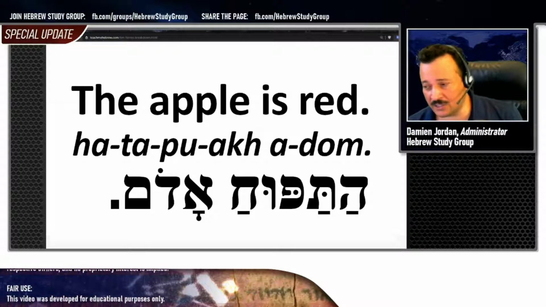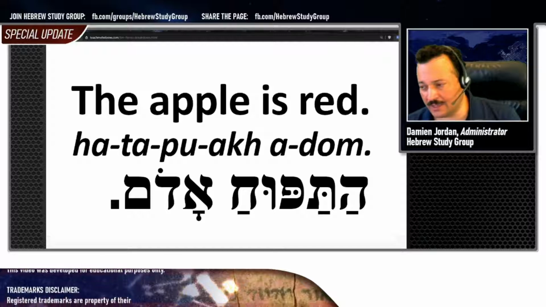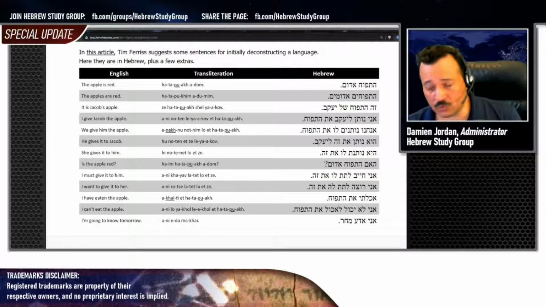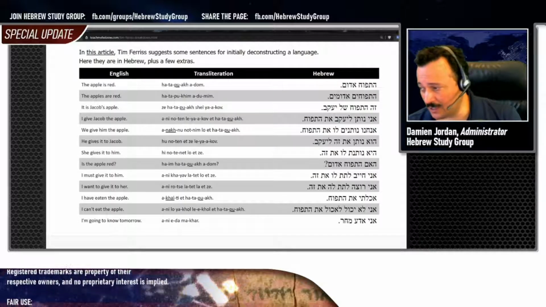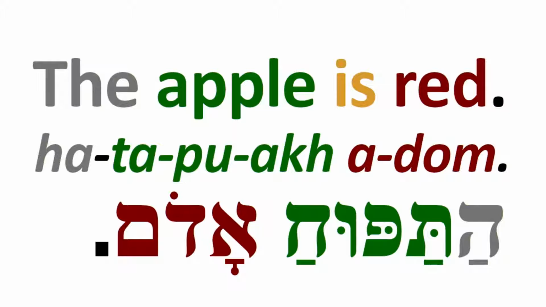Let's take at least the first three lines right here. We have in English, the apple is red on the left, and over on the right we have that actually translated to Hebrew. In the middle, what we have is the English transliteration. In other words, how do I pronounce it?